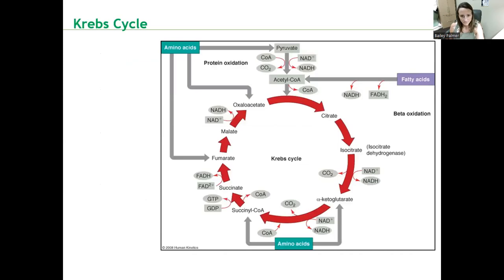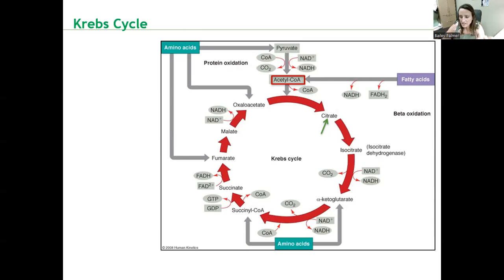When we look here, I'm just going to explain the red arrows and these 8 steps and what happens. All right, so we talked about acetyl-CoA, and it's going to combine with oxaloacetate. Our oxaloacetate will form citrate. So citrate is going to lose a water molecule and gain another as it's converted into its isomer, isocitrate.